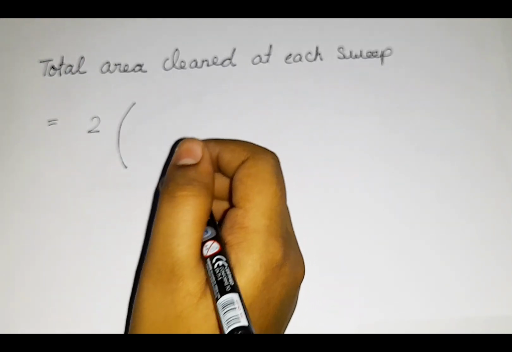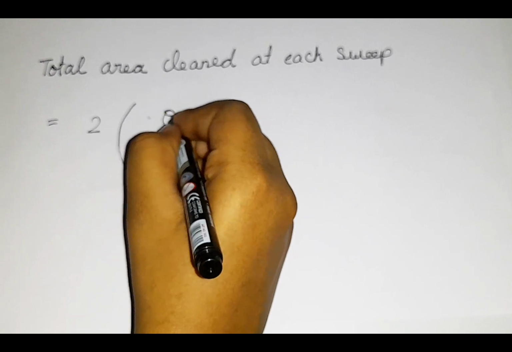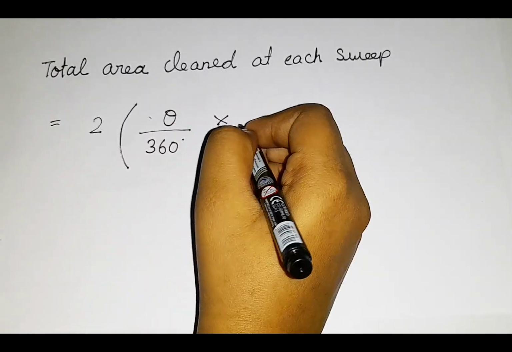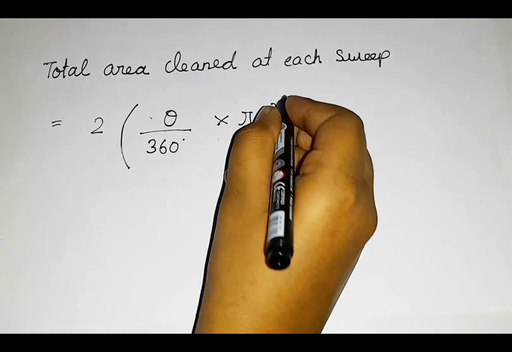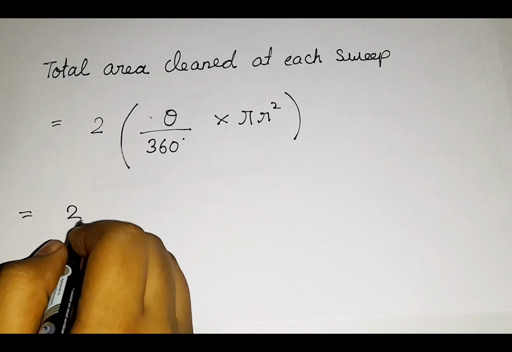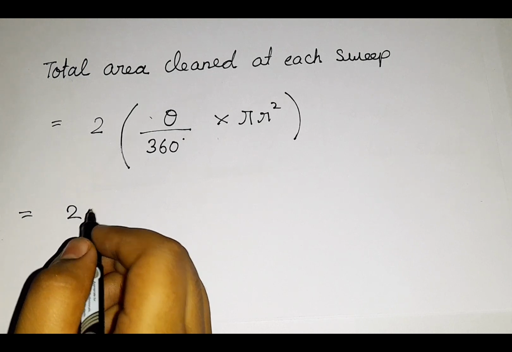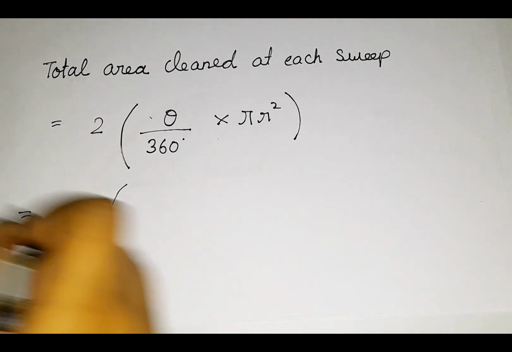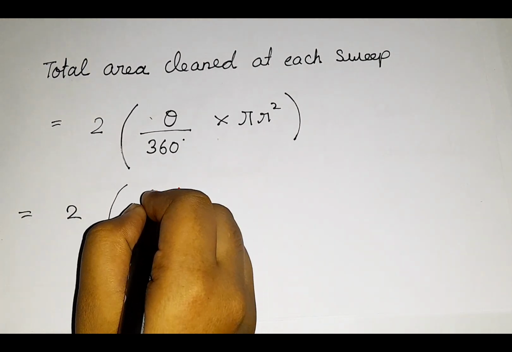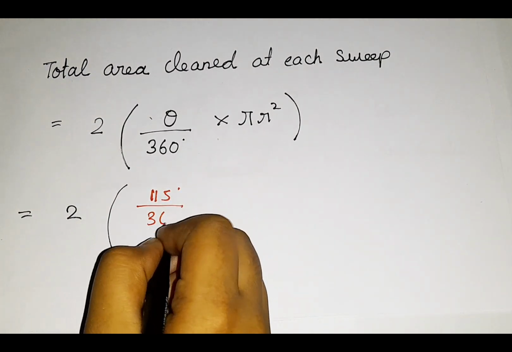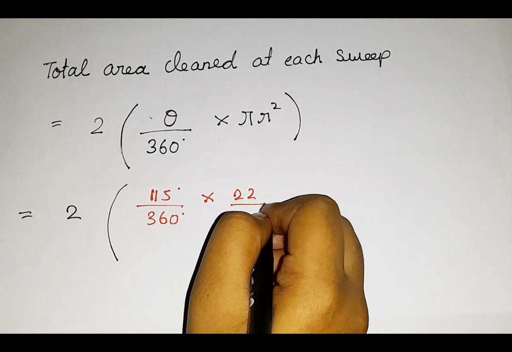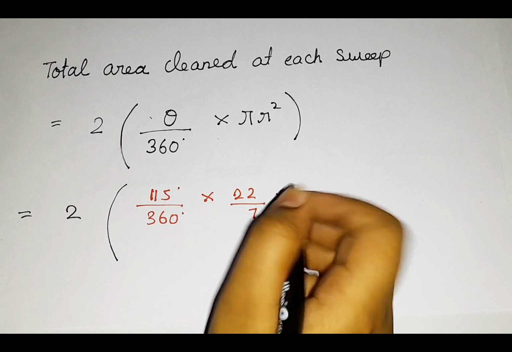The area of a sector is theta by 360 degree into pi r square, and close the bracket. So what is theta here? We know the value, that is 115 degree. So 115 degree divided by 360 degree into pi, here we use 22 by 7, into the radius.